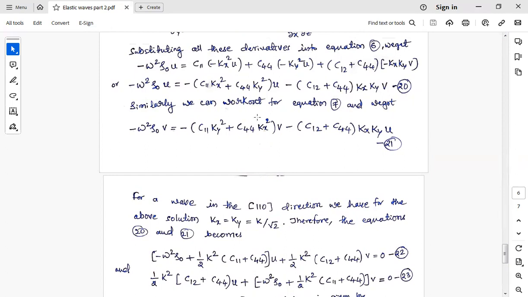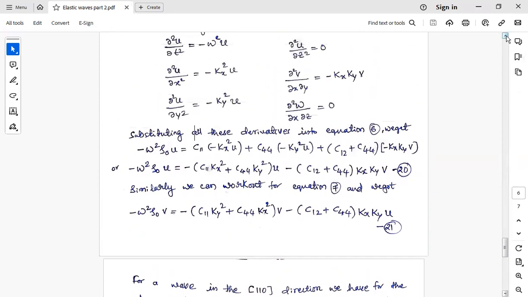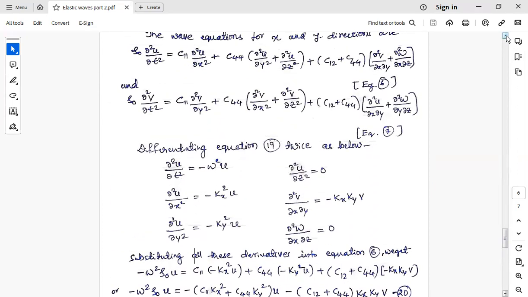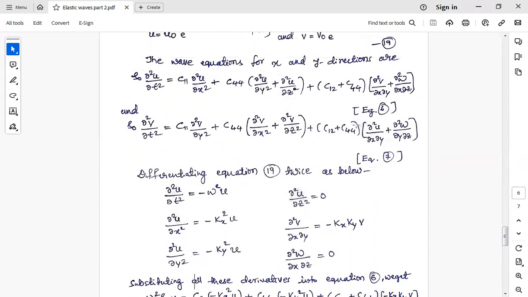And similarly, we have to work out equation 7. Equation 7 means for the y direction. Here equation 7 has dou square v by dou t square. This v represents the wave propagating in the y direction. But here the wave is propagating in the xy directions.